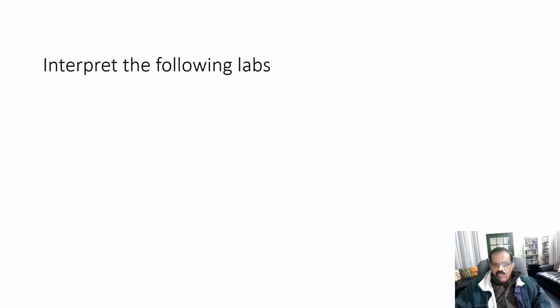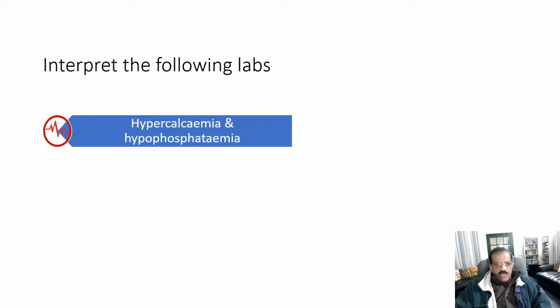Interpret the following laboratory reports. First is a combination of hypercalcemia and hypophosphatemia. If you remember, I told you that whenever you have some calcium related disorder, it is always a good habit to have calcium and phosphate along with alkaline phosphatase, and if there is any reason to have hyper or hypoproteinemia, then serum protein level also.